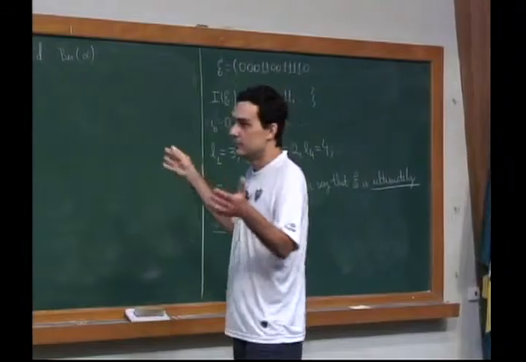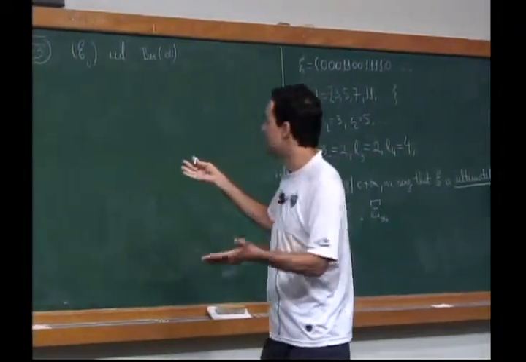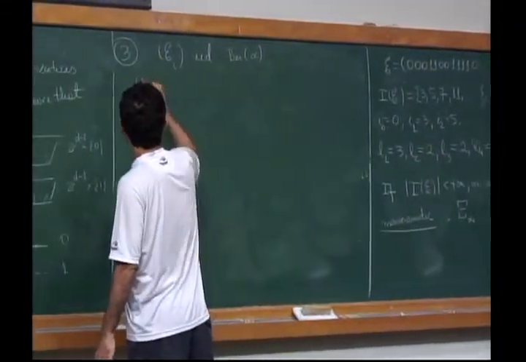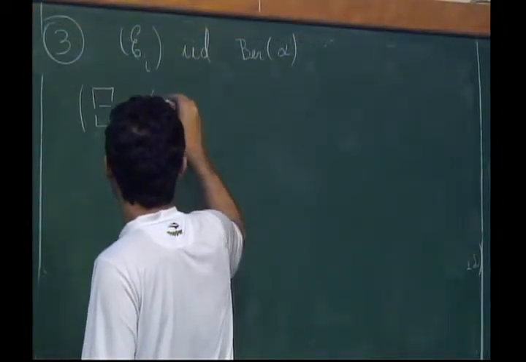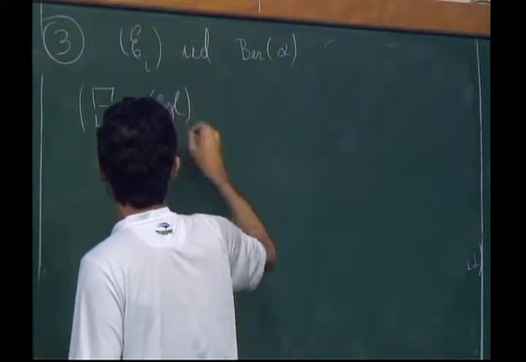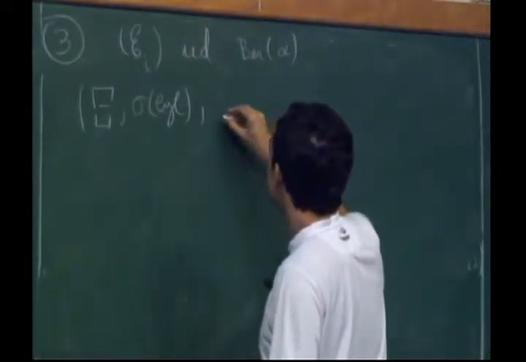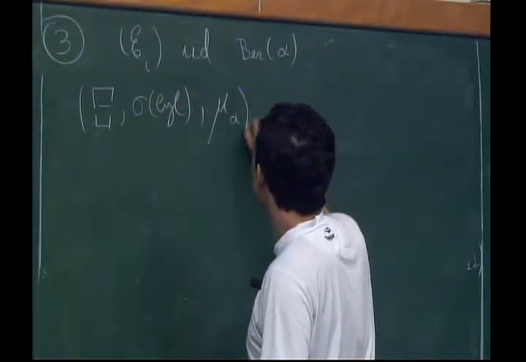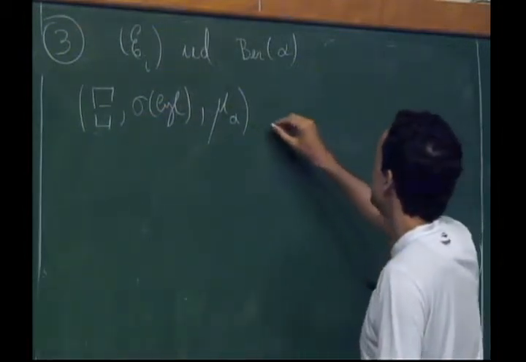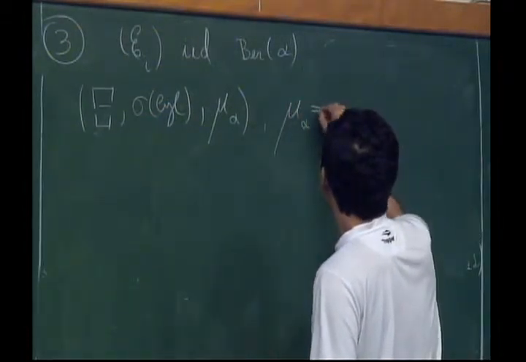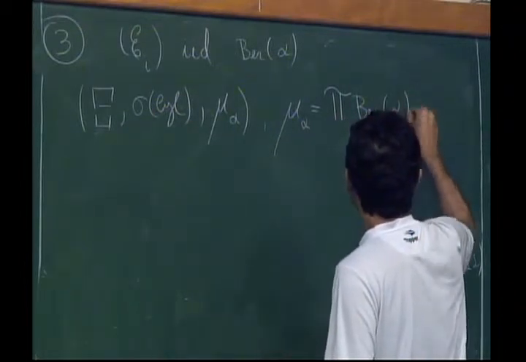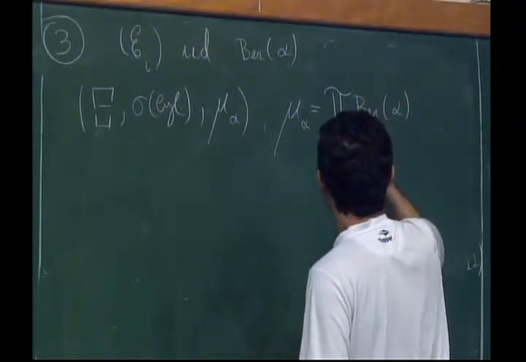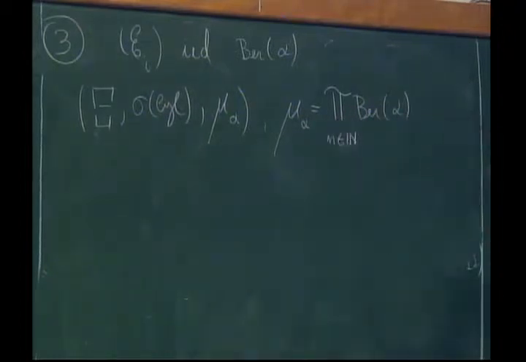The set of the words now is a probability space. The sigma algebra is the sigma algebra generated by cylinder sets. And I have the measure mu alpha, a product of Bernoulli measures with parameter alpha.